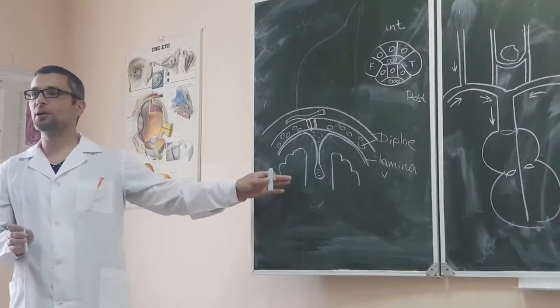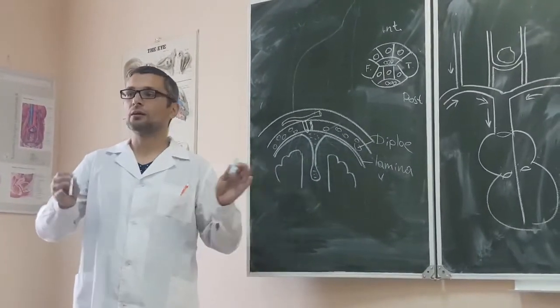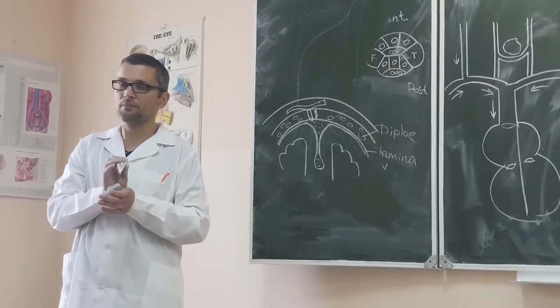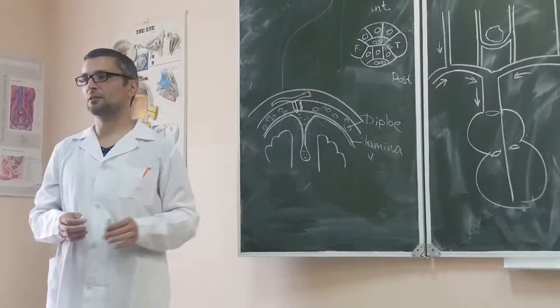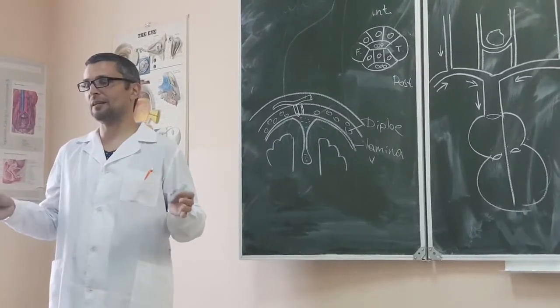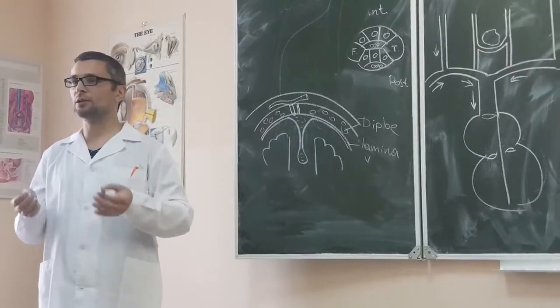When intracranial pressure is increased, this pressure compresses the veins of the brain, and almost all blood goes to the sinuses, because the cavity of the sinus cannot be compressed. That's why pressure in the sinuses will increase.